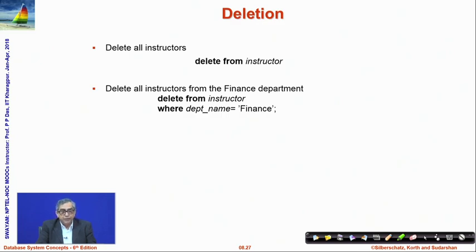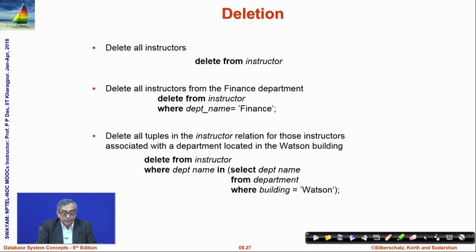So, it is very similar to select from where, but unlike select from where, the effect is that the table actually changes in the database, because these instructor records whose department name was finance are deleted.